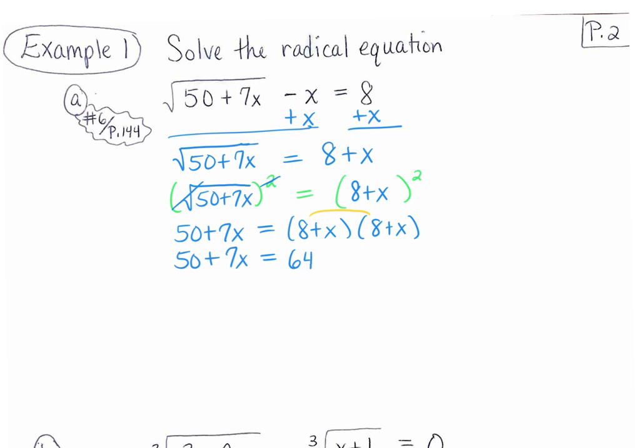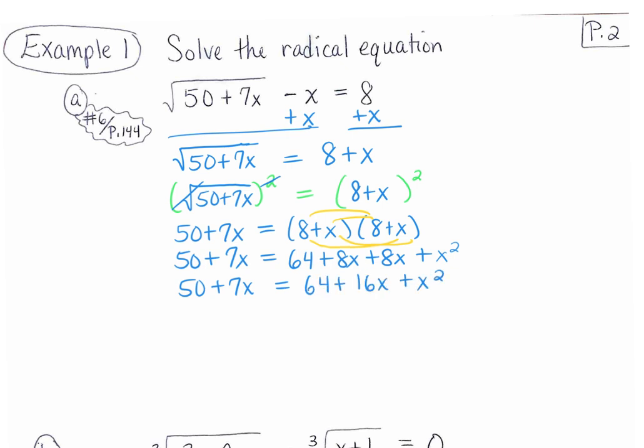For the outside, you get plus 8x. And for the inside, you get plus 8x. And then plus x squared. So that gives us 50 plus 7x equals 64 plus 16x plus x squared.